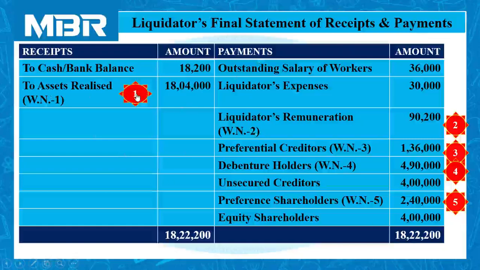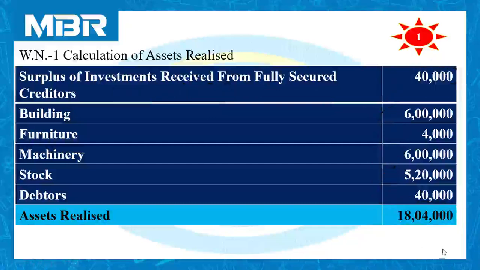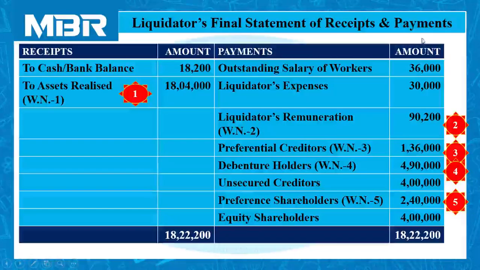Let me correct it. So I have corrected the figure. It is 18 lakhs 4,000. These 18 lakhs 4,000 is debited to the liquidator's final statement of receipts and payments. In this way, we have included all the receipts on the receipt side.